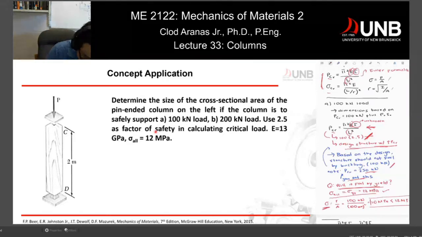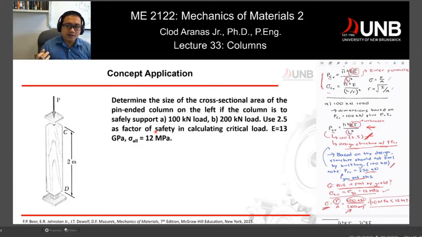We have our stress, we have our P, which is defined as 100 kilonewtons for letter A. And this is the dimension that we obtained, and we assume a square cross-sectional area of our column. We took the area, and we found out that 10 MPa is less than 12. So we found out that our structure is safe both by buckling and by yielding.